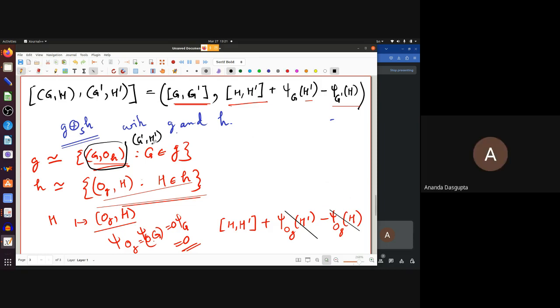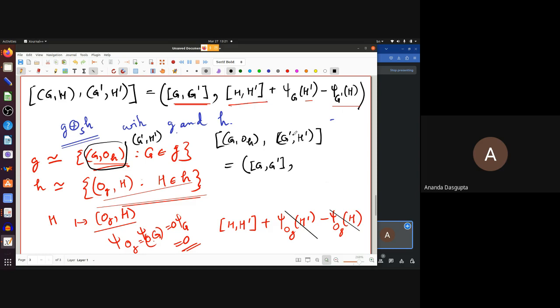So basically what will happen if you took this Lie bracket, that is (G, 0H) with (G', H')? In the first place you will get the bracket of G and G'. No problem. But the second term, will you get 0H? Well, 0H with H' is 0. As you were saying, this term doesn't contribute.